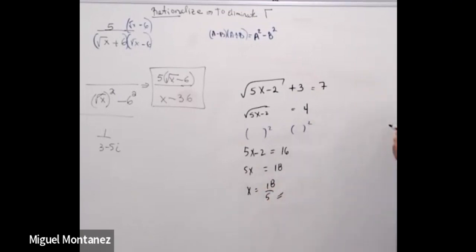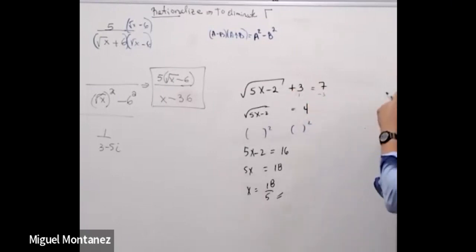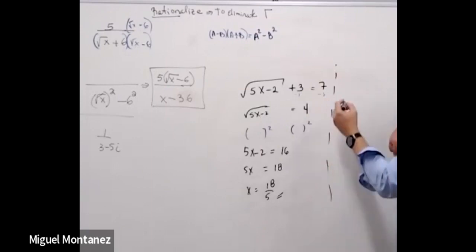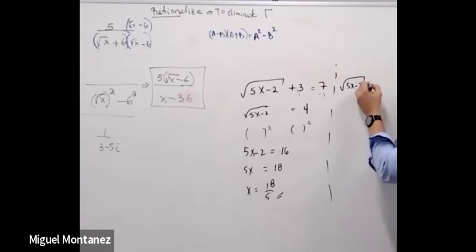It's just doing what you did on that side to the other side, because you have to. So what we did was minus 3, minus 3. What if I have the following? What if I have the square root of 5x minus 2 plus 2 equals negative 2?